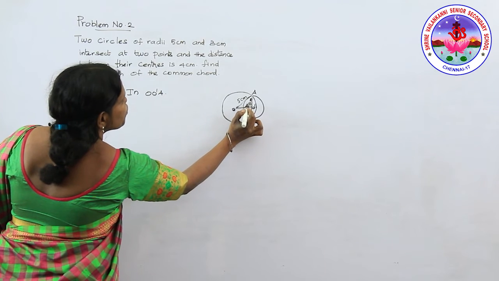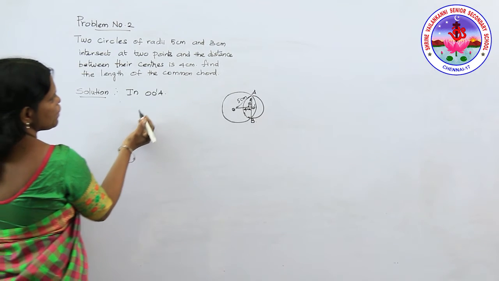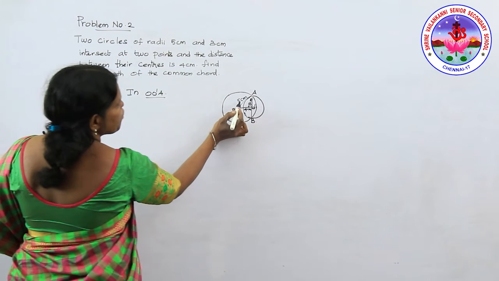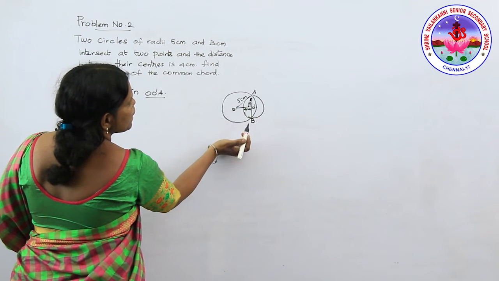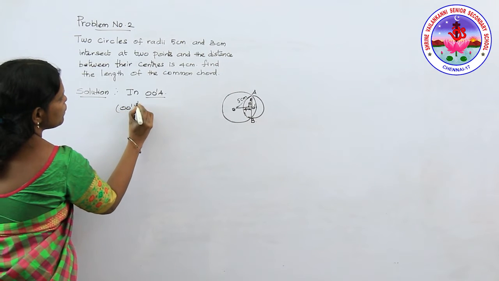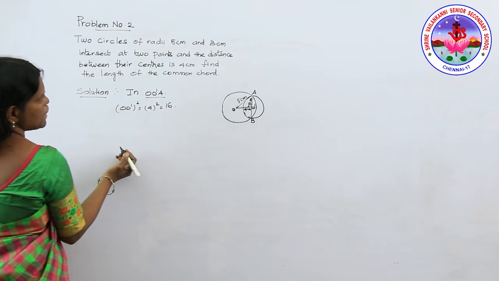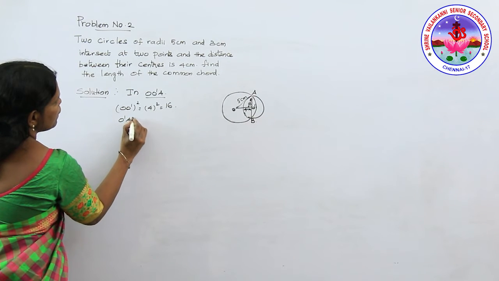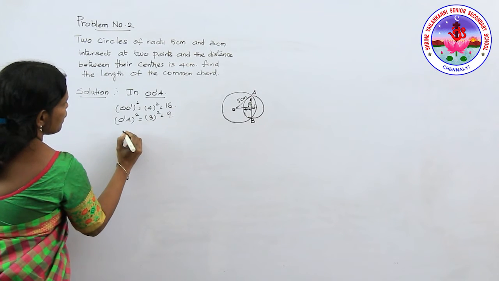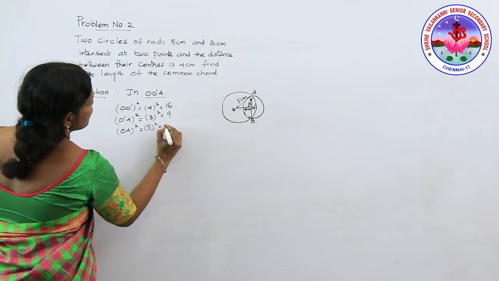So we need to prove the 90 degree angle using the converse of the Pythagoras property. I have to check whether my hypotenuse square is equal to the sum of the other two sides' squares. First, OO dash square is equal to 4 square, which is 16, and O dash A the whole square is equal to 3 square, 9, and OA square is equal to 5 square, 25.